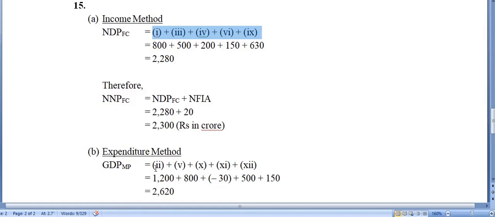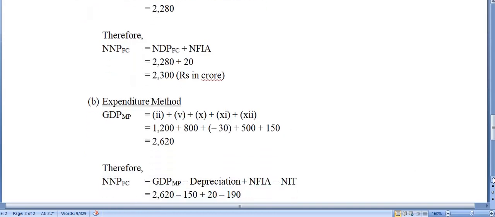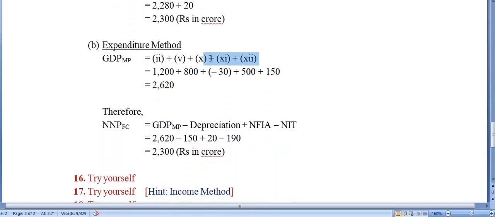Now compensation of employees is not included in the expenditure method. Private final consumption expenditure, this is your consumption of household, by the way. Government final expenditure, yes. Interest is not included.